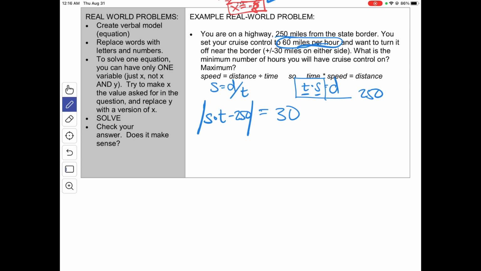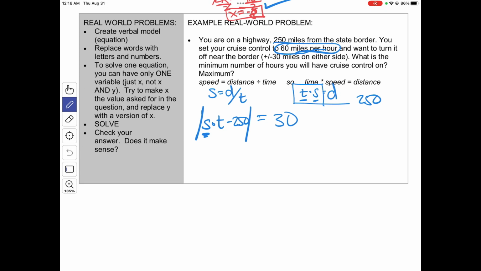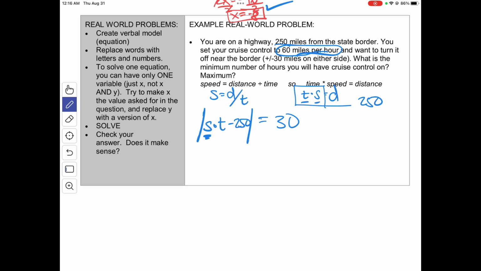Now, I do know my speed. I can't solve this equation right now because I have two variables in it. So I'm going to replace speed with the speed that I know, that's 60 miles per hour, and I get 60t minus 250 equals 30. So this is my equation.